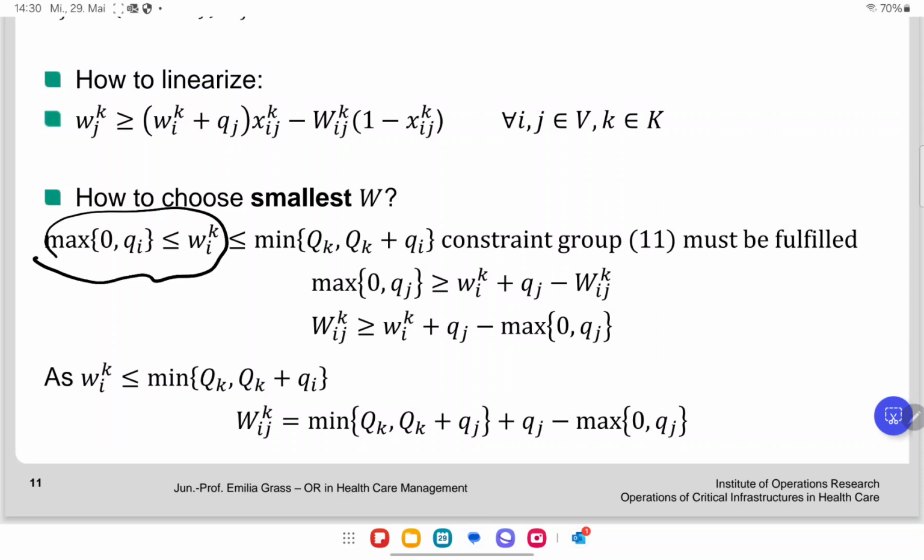This is what is binding, and we have to assure that this W is not violating it. That we still have this lower bound. But on the other hand, the upper bound can be higher because it's then not binding.